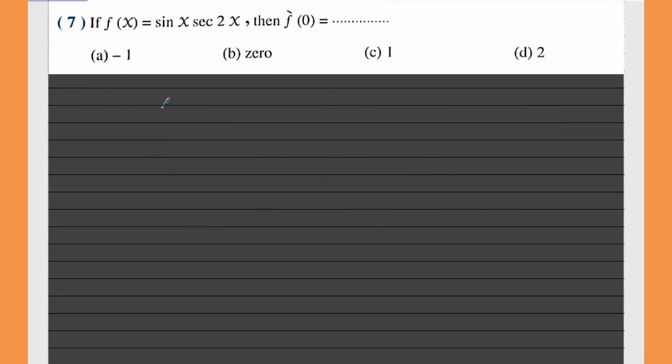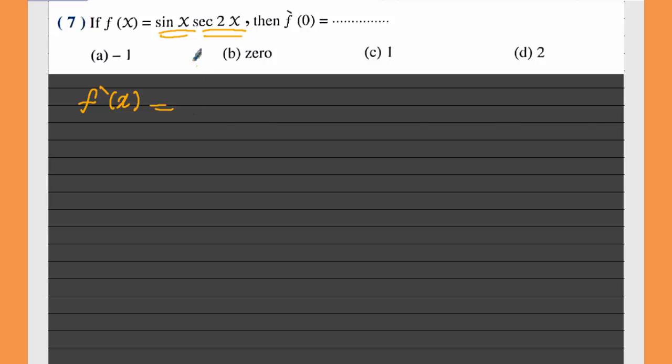Question number 7, here the required is to find f dash of 0. First we find f dash of x and don't substitute x equals 0 at the beginning of the solution. First we must calculate f dash of x. F dash of x equals, here we have two functions, the product of two functions.